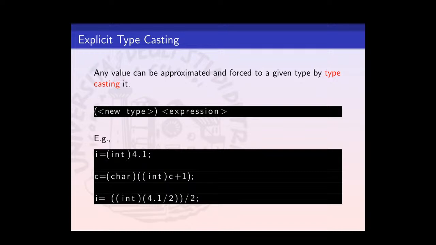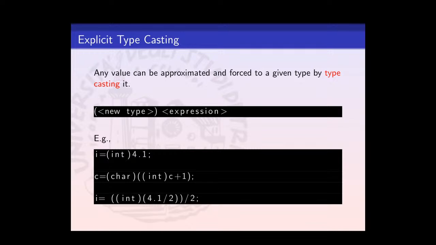Inside parentheses, we place the type we want the expression to assume, and then we place the expression. So, going back to our example in which we were trying to assign the value 4.1 to I, we can explicitly do it by writing I equal to, in parentheses, int, 4.1.